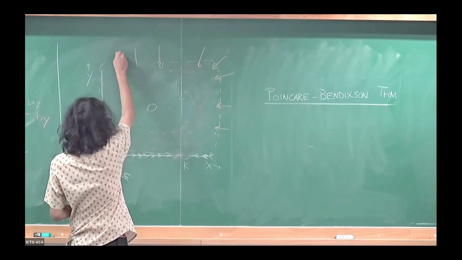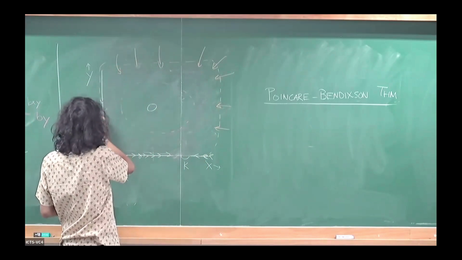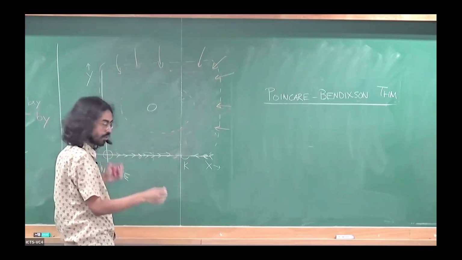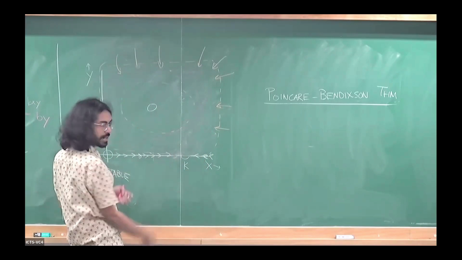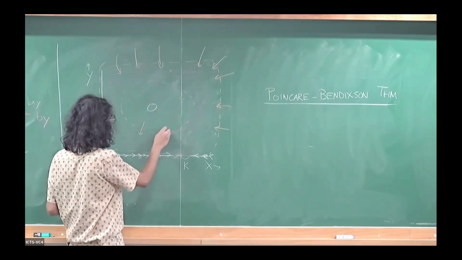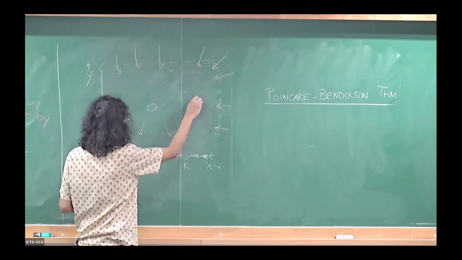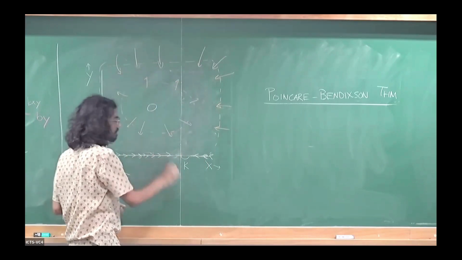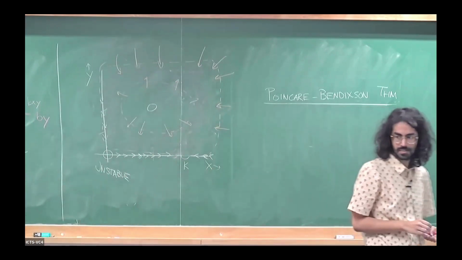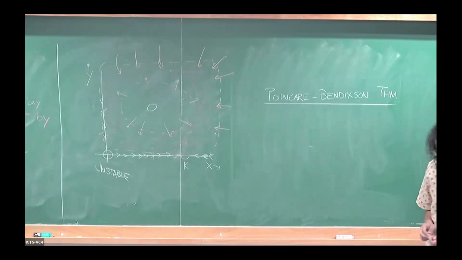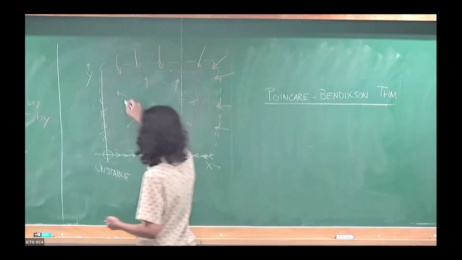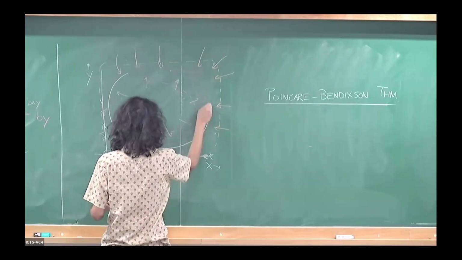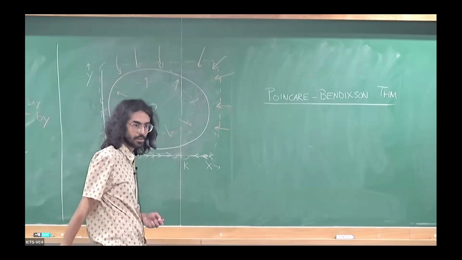All of your trajectories flow in, or at least don't go out, on one side, and all the trajectories go out on the other side. If that's the case, then you will have a limit cycle somewhere inside that donut-shaped region.